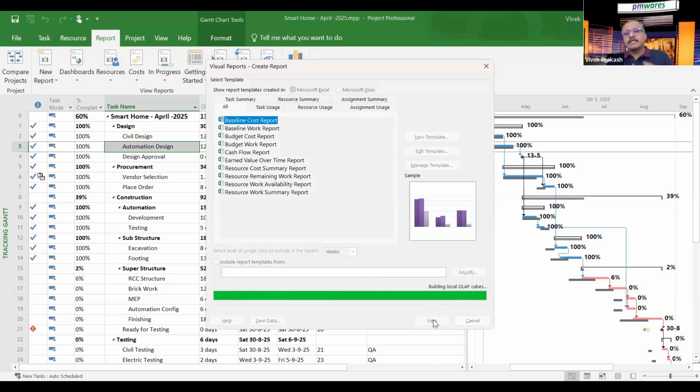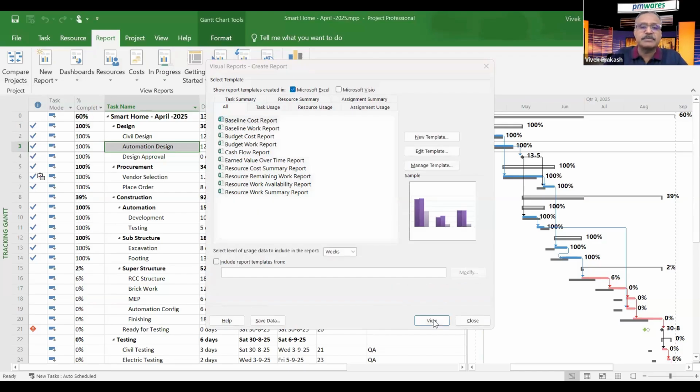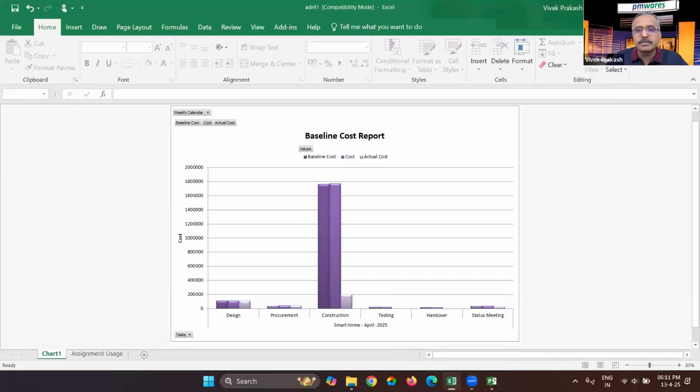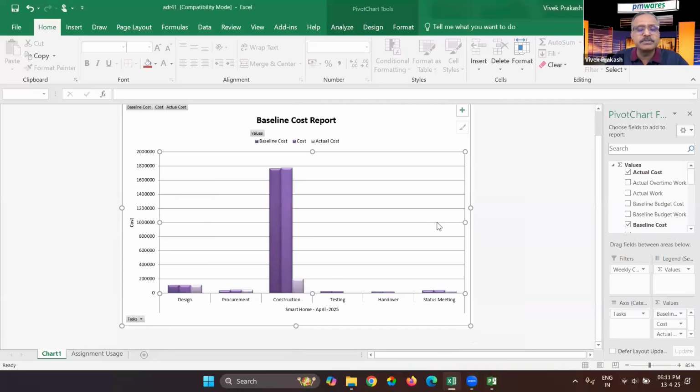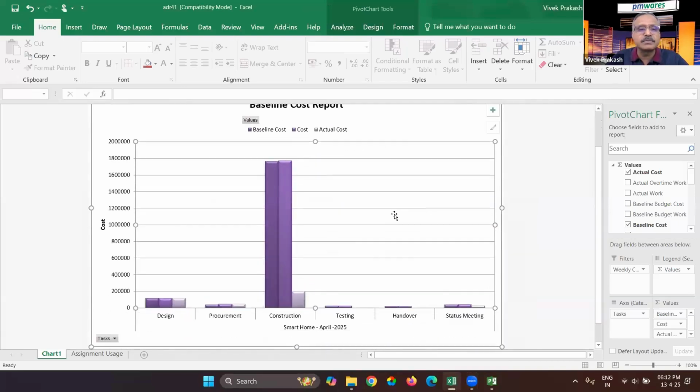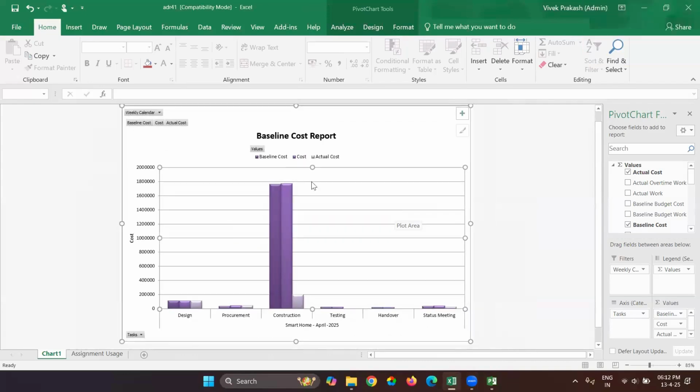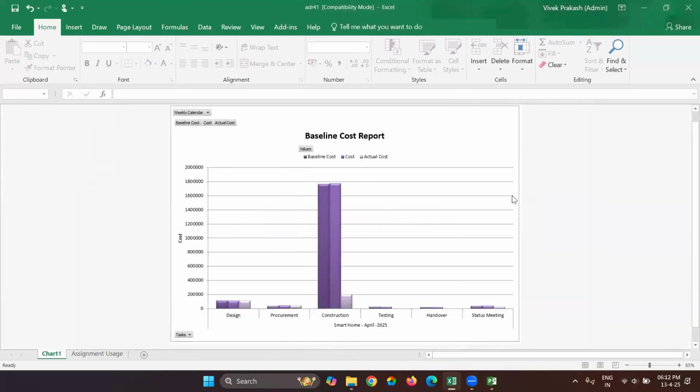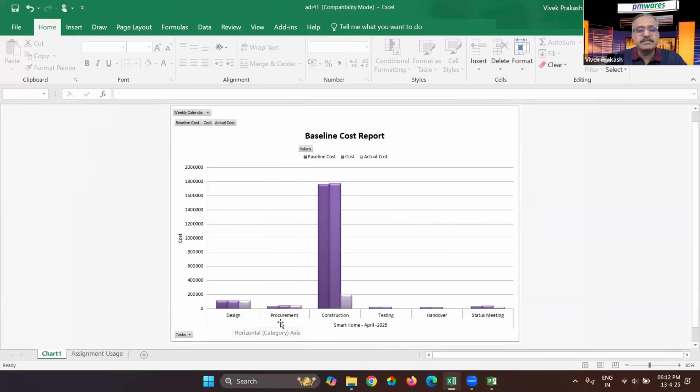It will take the data required, put it into Excel, and then open an Excel with a graph and the table. Look at this. You see this report? It's showing design, procurement, construction, testing, handover.